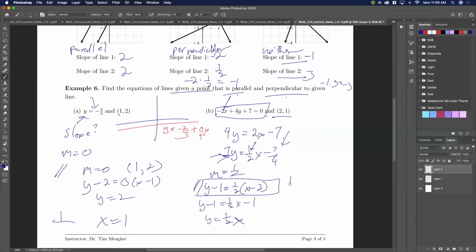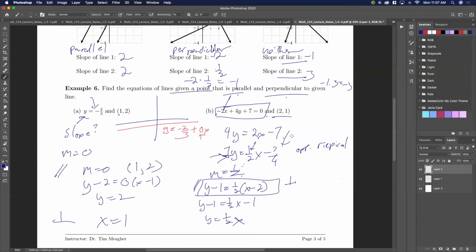For the perpendicular line, we're going to take what they call the opposite reciprocal. So if my slope was a half, I'm going to flip it. Reciprocal means flip the top and the bottom.